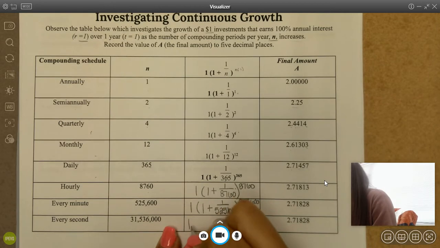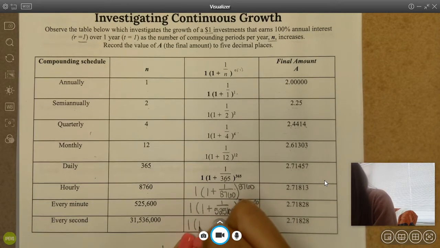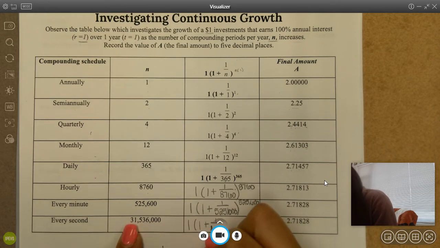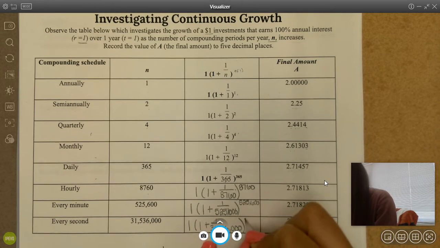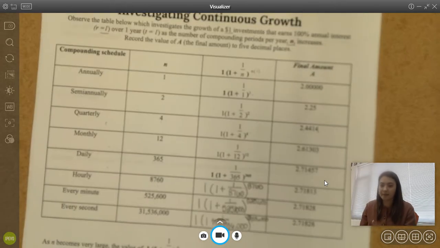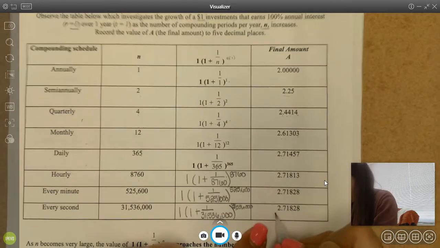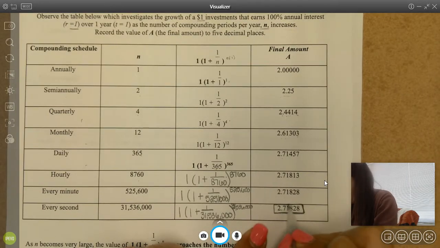And that value we can plug into the formula as 1 plus 1 over 31,536,000. Make sure there's enough zeros there. And then you would raise that to that whole power, which I wrote very small so that it fits. And when we do that, we end up getting the value of 2.71828.